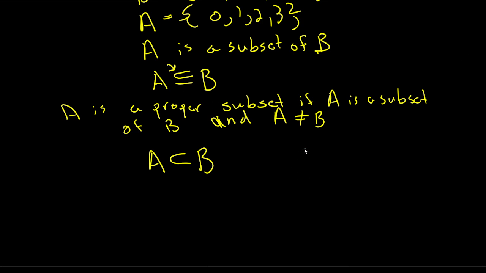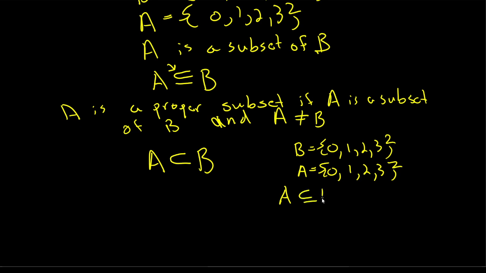So for a non-proper subset, let's create B with elements 0, 1, 2, and 3, and A is 0, 1, 2, and 3 also. Then A is a subset of B, and A is also equal to B. And we have this idea of equality that two sets are equal when every member in the set is exactly the same.